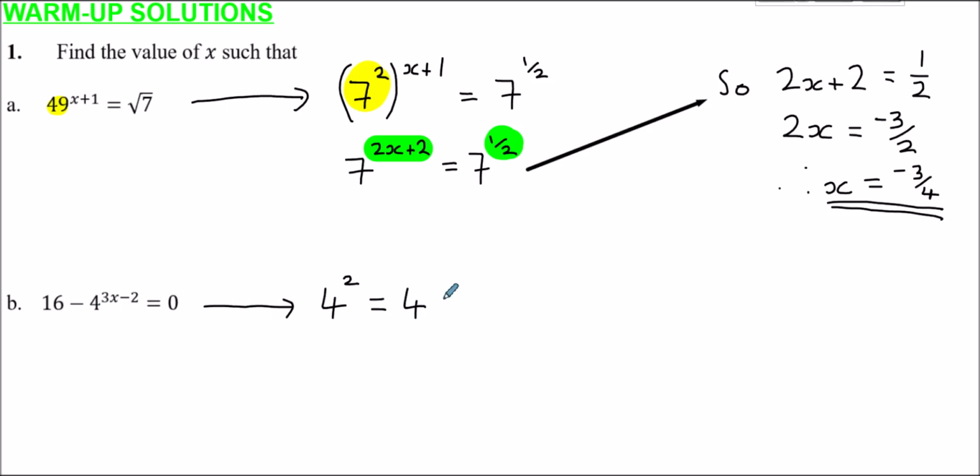So we have 4 to the power 3x minus 2. If we add on 4 to the power 3x minus 2 to both sides, we get this. We can now see as well that both sides are equal to each other. The base values are the same. Therefore, in the same way as part A, this 2 must be the same as 3x minus 2.